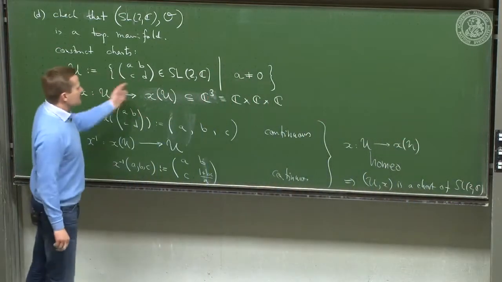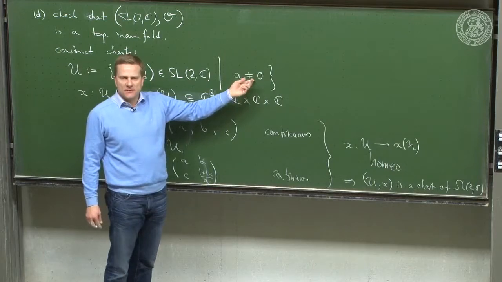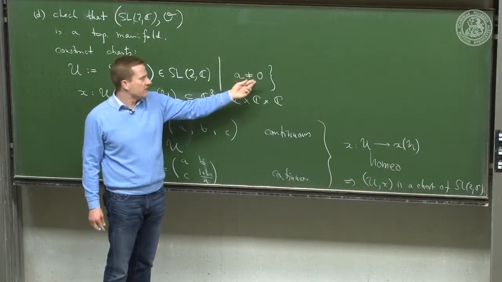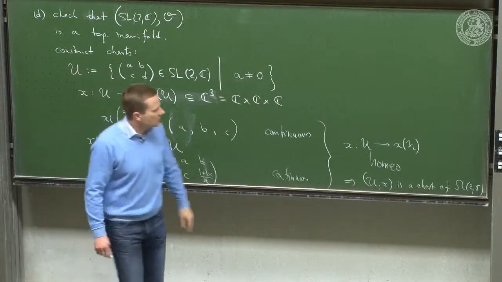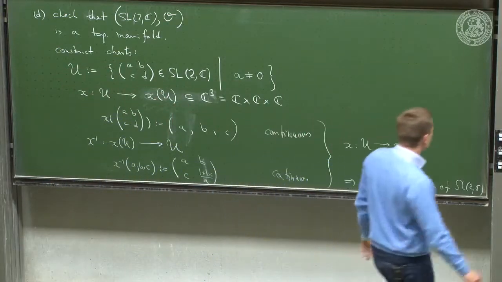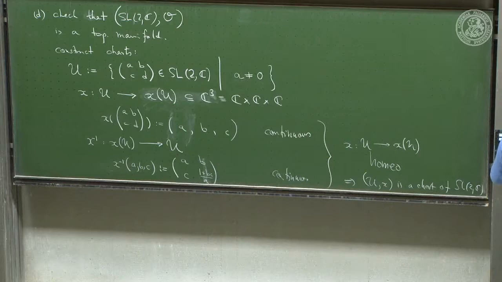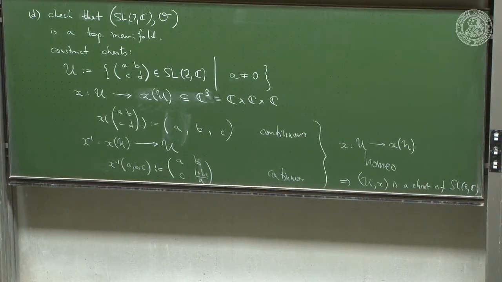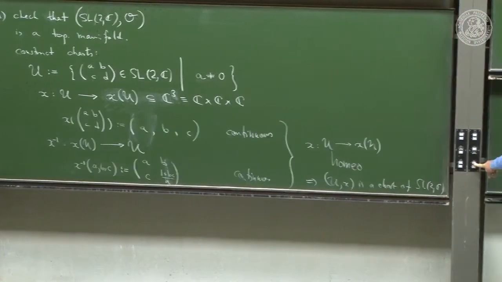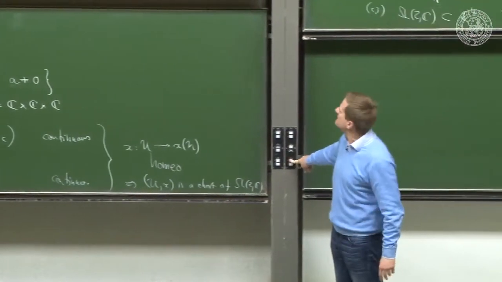But this chart doesn't cover all of SL2 C, because there are a number of SL2 C transformations, namely all those with A equals 0, they're excluded, right? So there is no other way but to construct at least one more chart, and let's see whether we can cover, and it's really worth writing it down.